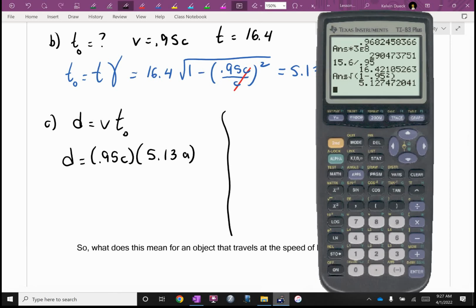So if I go 0.95 times answer button, even though the Earth measured the distance to be 15.6 light years, the distance the spaceship will travel, because the length of space itself is contracting in the direction that they're traveling, is 4.87 light years.